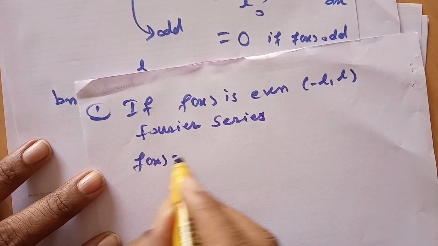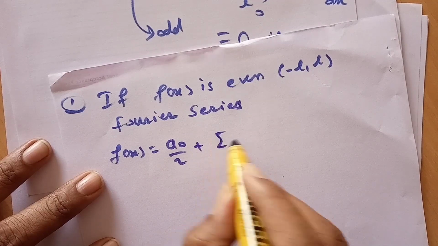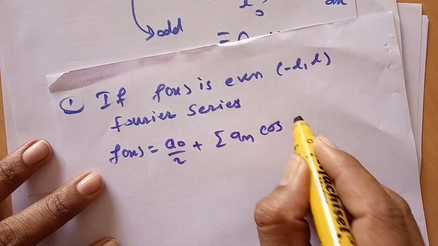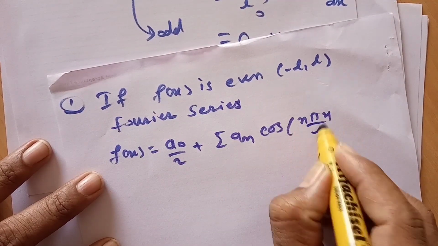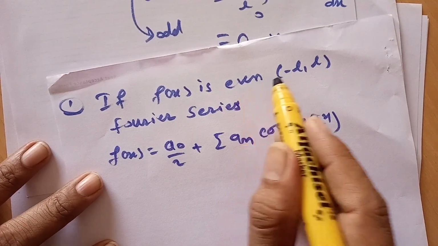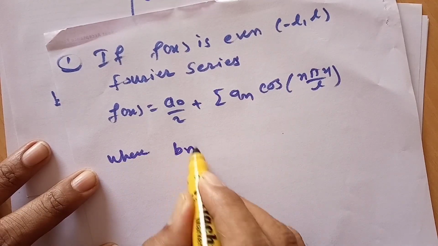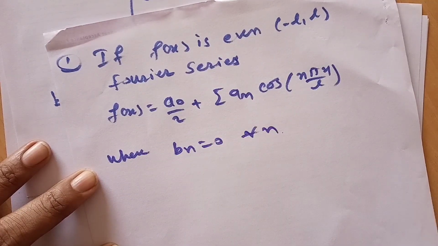f of x is equal to a0 divided by 2 plus summation an into cos of n pi x divided by L. And again we know that if this is even, then bn becomes 0, where bn equals 0 for all n.